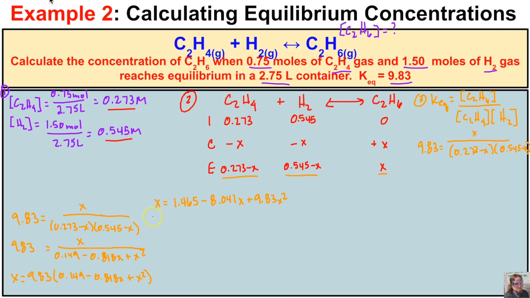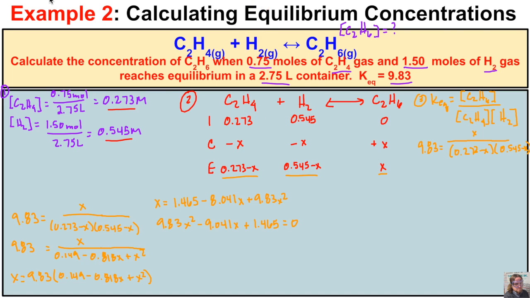If we subtract x from both sides, what we're going to end up with is 9.83 x squared minus 9.041x plus 1.465 equaling 0.